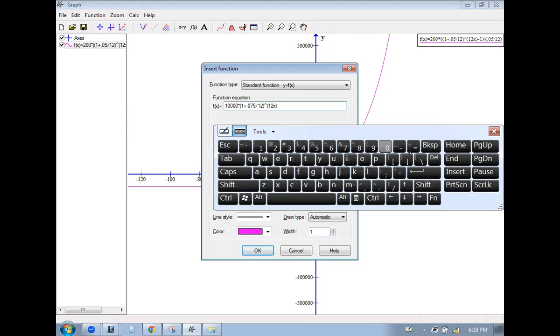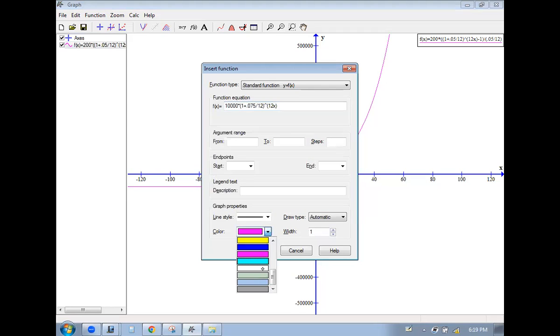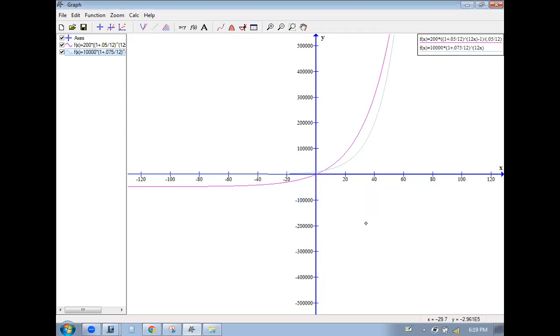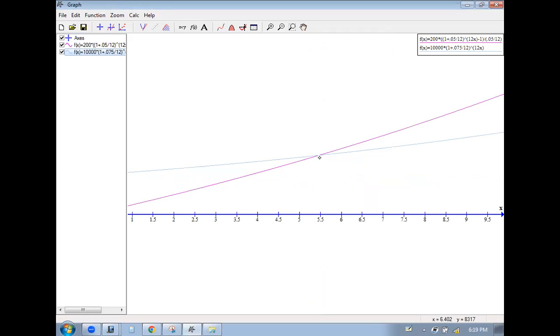In this case, 3x. We'll change this to blue. All right, so there is a point right there. Let's see if we can zoom in right here, at 5.5 years.